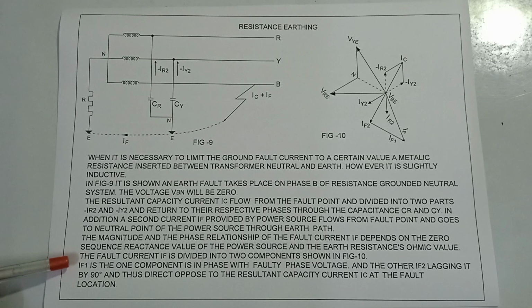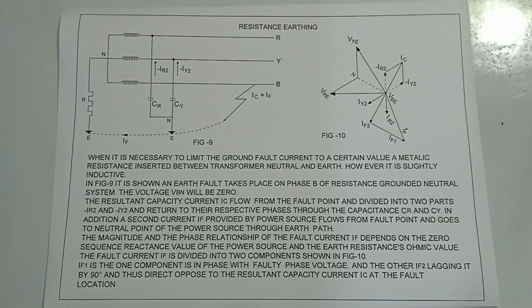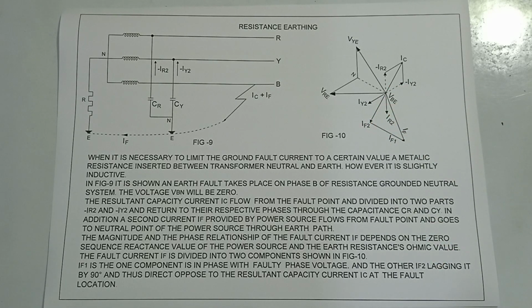The fault current IF is divided into two components, shown in figure 10. IF1 is one component, in phase with the faulty phase voltage, and the other, IF2, lags it by 90 degrees, and thus directly opposes the resultant capacitive current IC at the fault location.